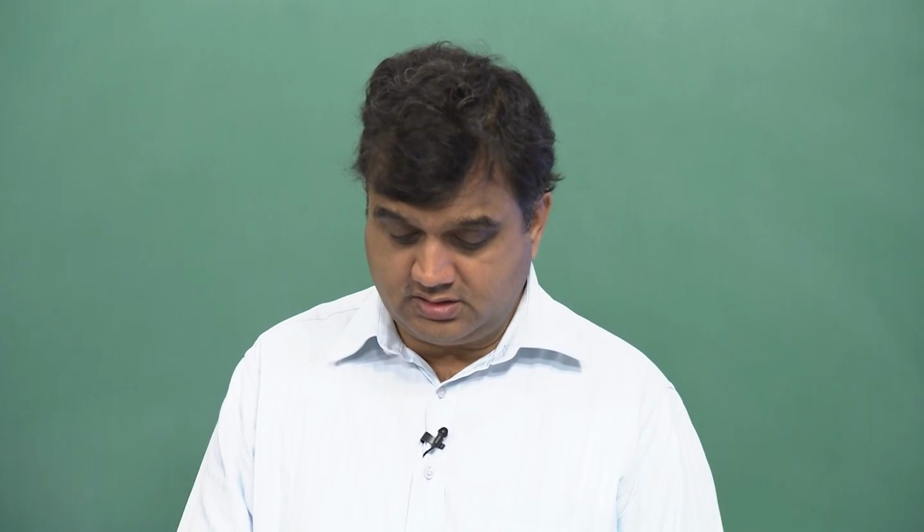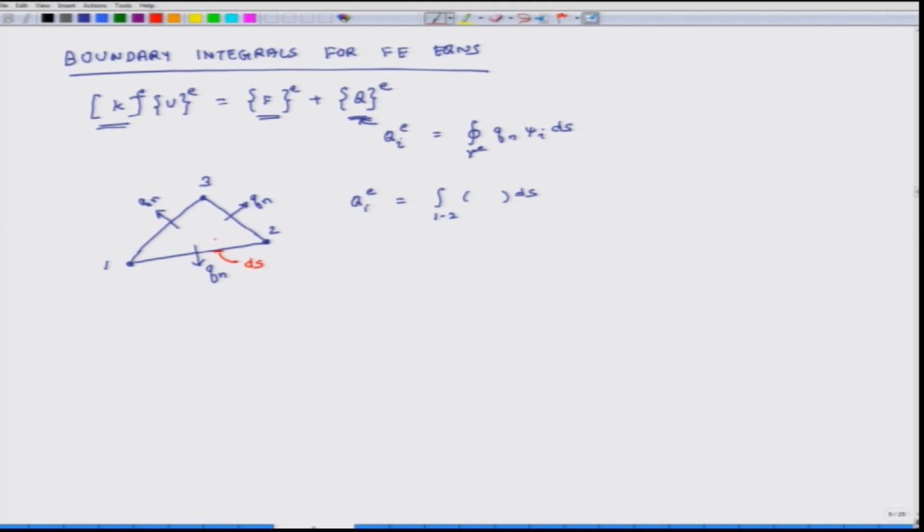So, when I integrate it over line 1, 2, it is the total amount of flux getting out over line 1, 2. Going back, Qi will be the integral of Qn psi I ds over line 1, 2, plus the same thing over line 2, 3, plus the same thing from 3 to 1 of ds.